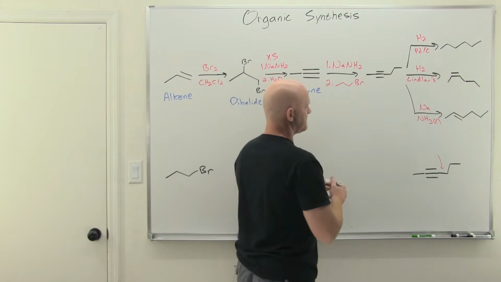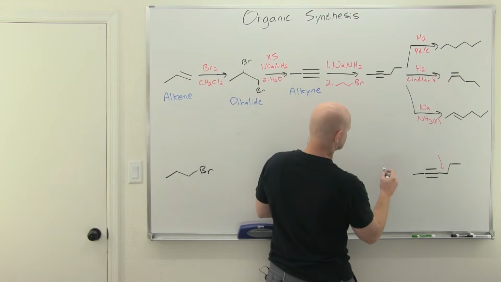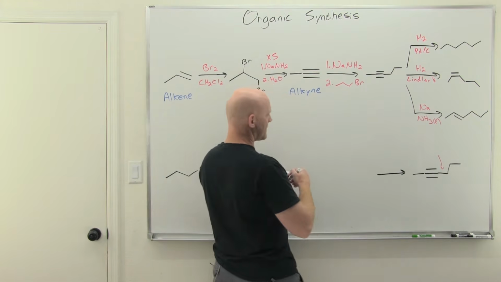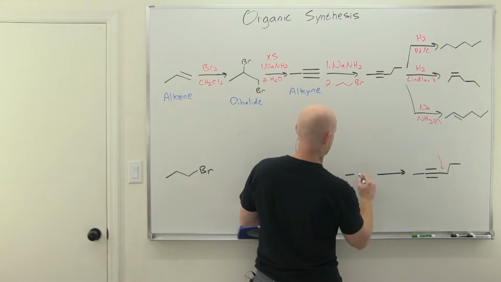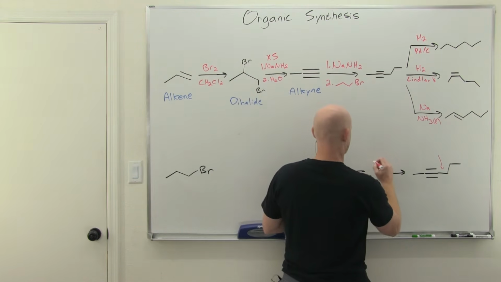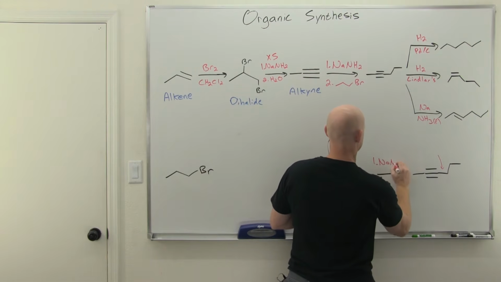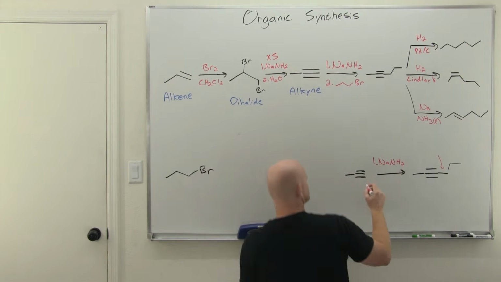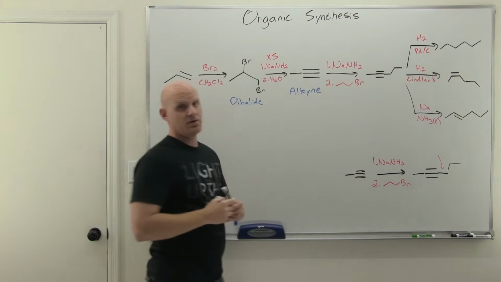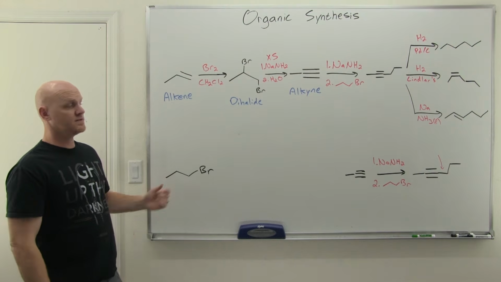But if we look at this in a retro way, you can see that going this route, you really are going to need this guy, and then you're going to need to add NaNH2 and this guy, which happens to be the thing that we started with.